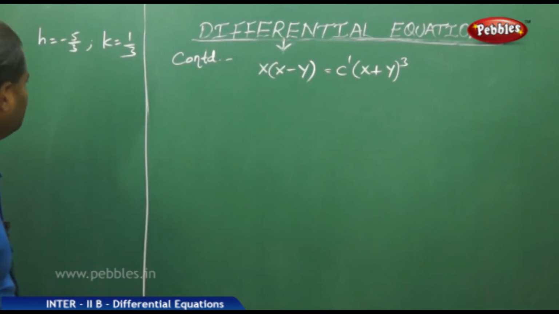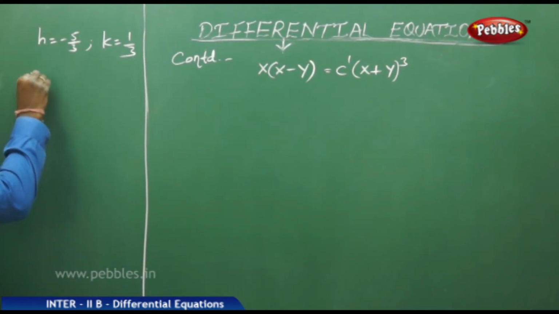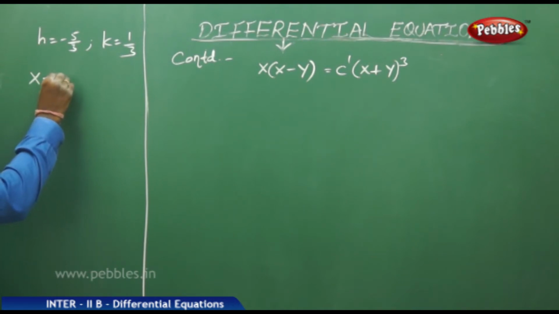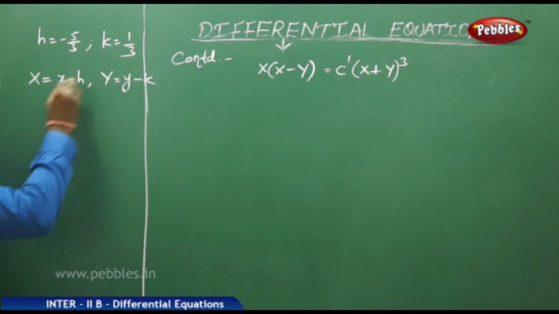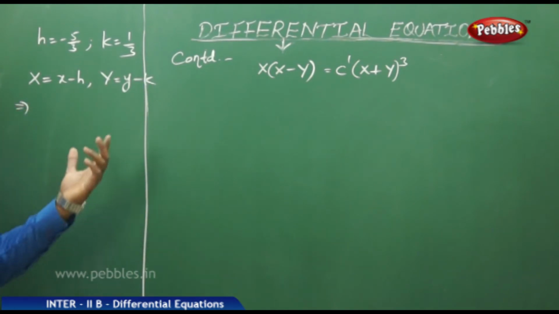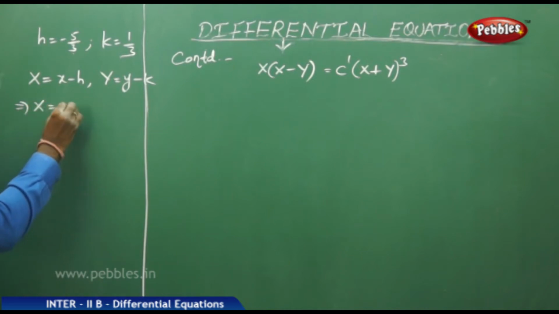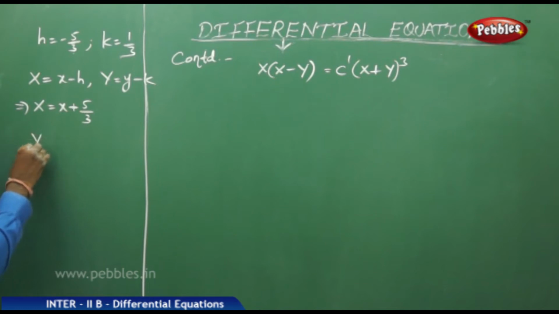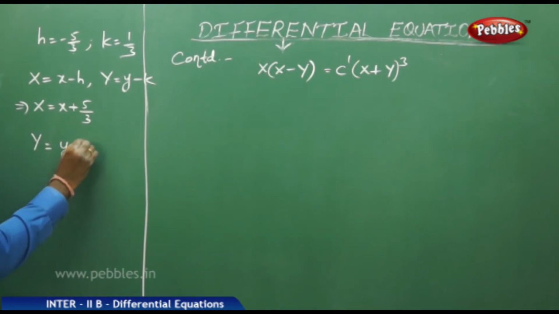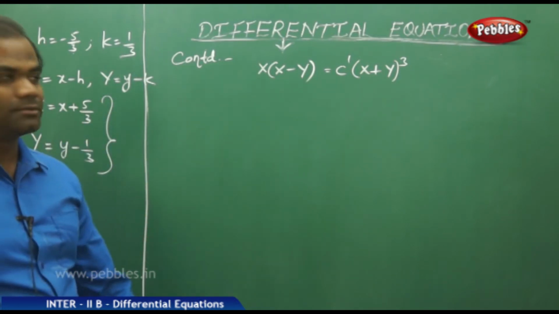Therefore, I have my h and k through which I get x and y. My x, which is x minus h, and y, which is y minus k, from the original substitutions, when substituted with h and k, gives capital X, which is x minus of minus 5 by 3, and my capital Y, which is y minus k, are the two values which are substituted in the given function.